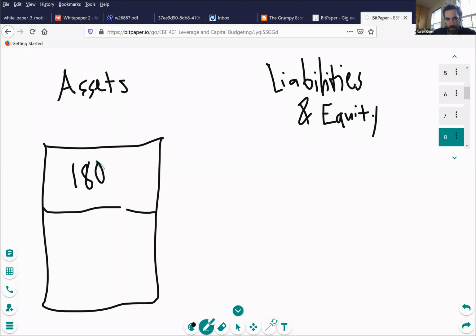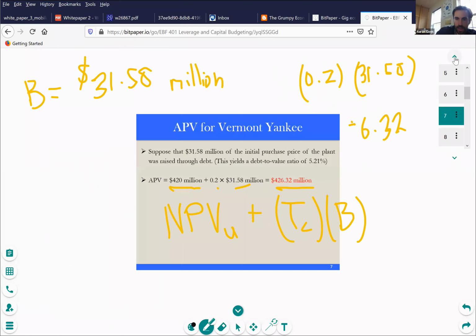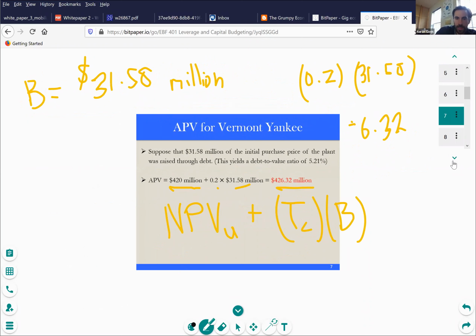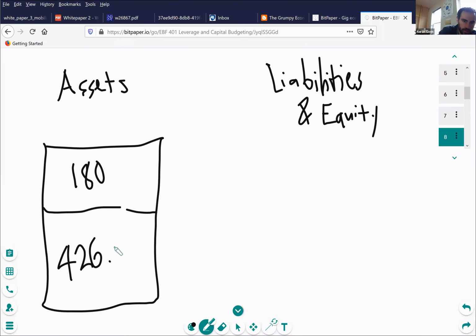But then there's excess value generated above and beyond what we paid for it. That's the net present value that we had calculated. So we had an adjusted present value of 426.32 million. These are all in millions.